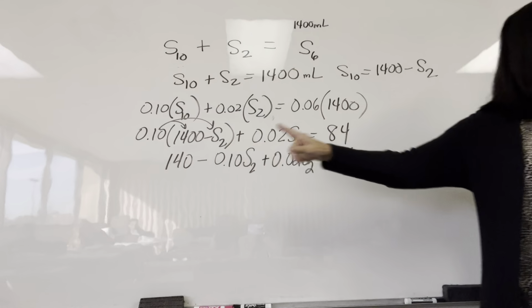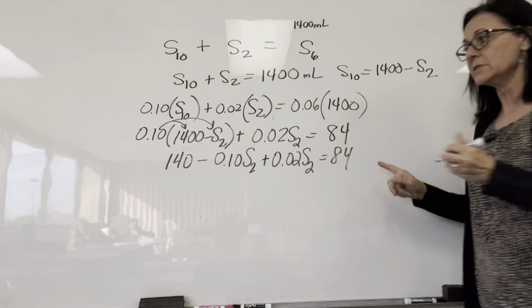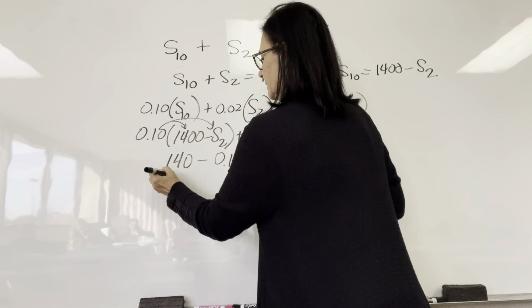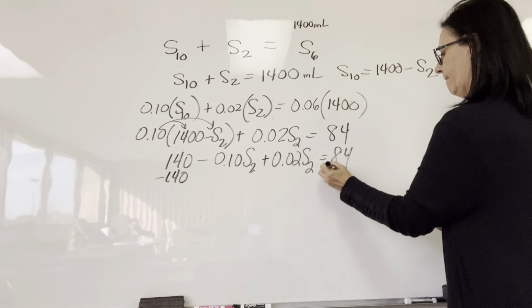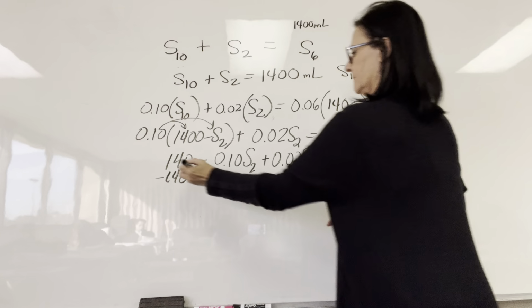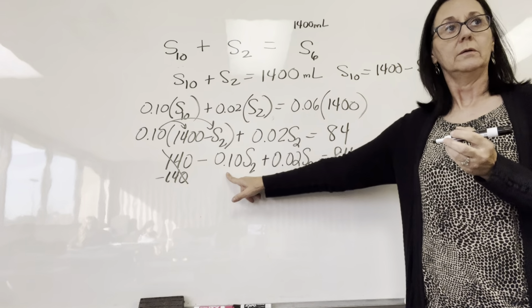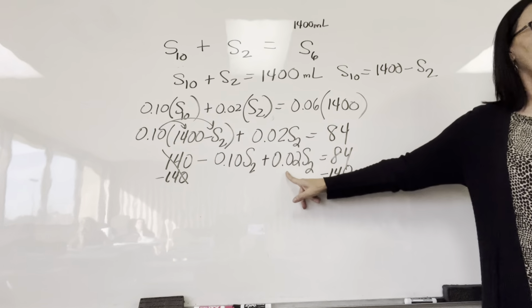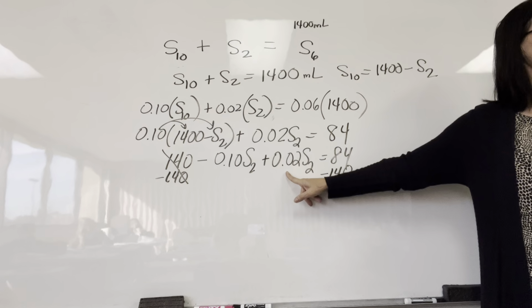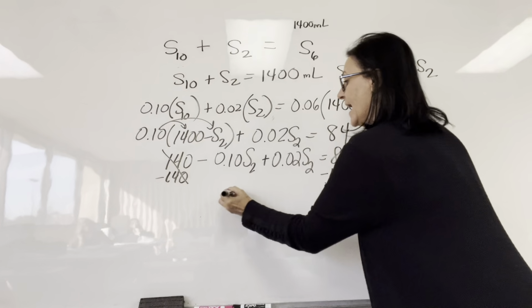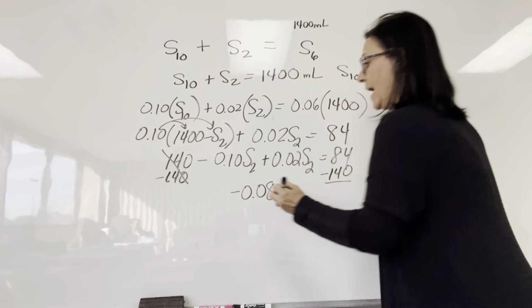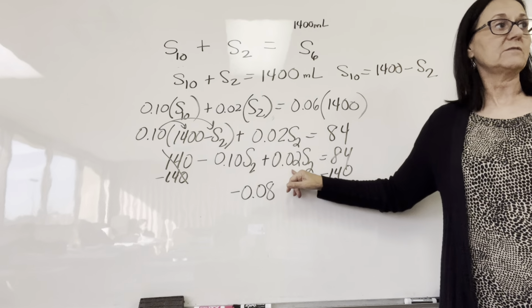I'm going to subtract the 140 from both sides. What is negative 0.10 plus 0.02? Negative 0.08. Okay, this is why we have two decimal places.